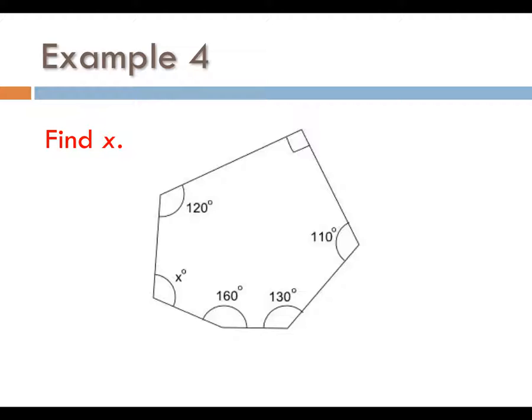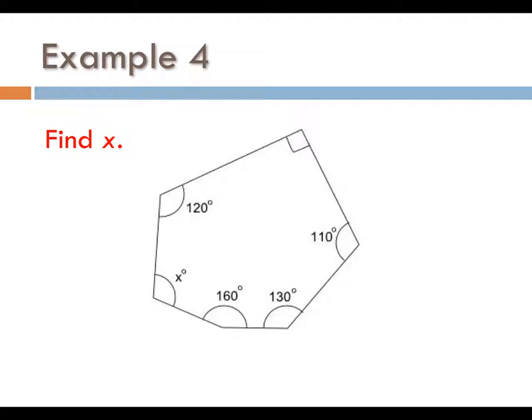Oh, they're feeling good about that one. All right, how'd you get 110? Well, I did the thing where you do the quantity of n minus 2. What's that thing called? I forgot. The Polygon Sum Theorem. Thank you so much.